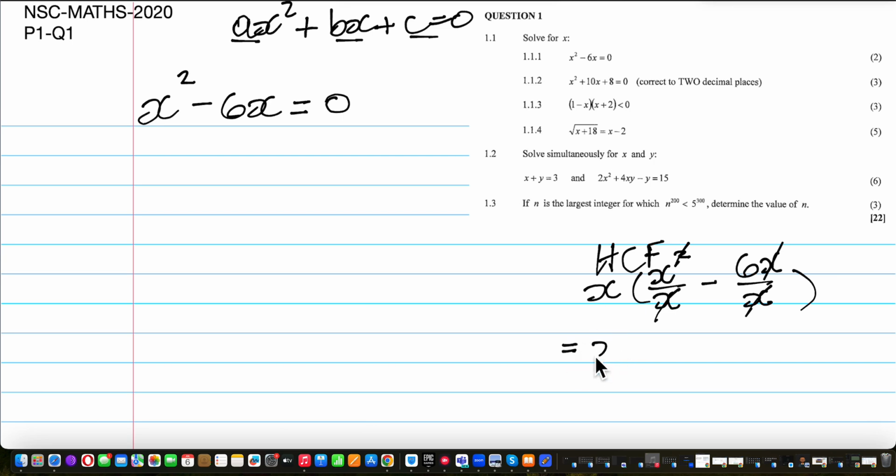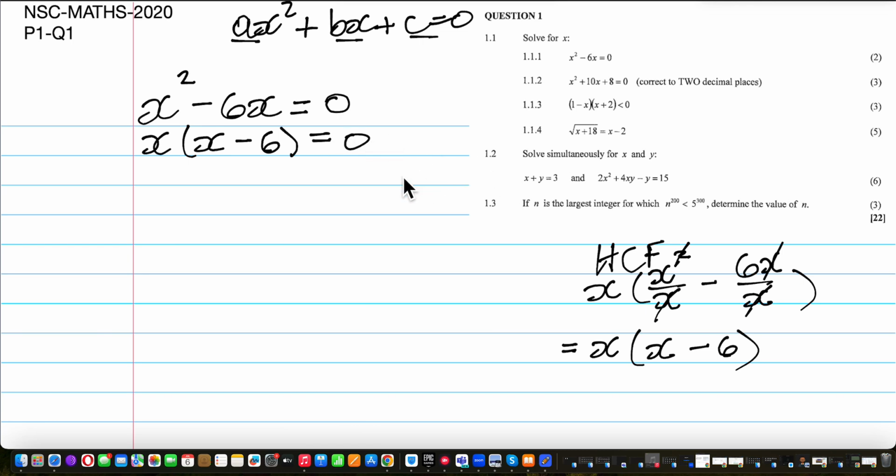After factorizing the x out of the expression, you are left with only 1x minus, well, this x divided with that x, so now you're left with 6. So that is the expression you would have. Coming back to the equation, here you will have your x, and we will have x minus 6 equals 0.